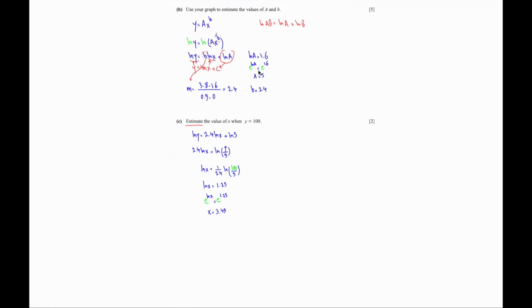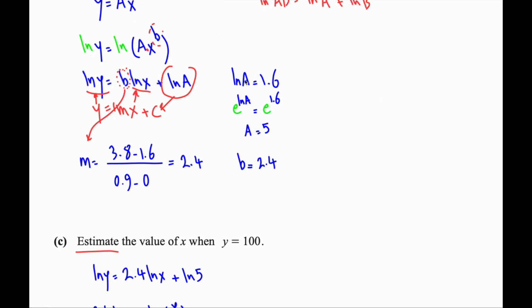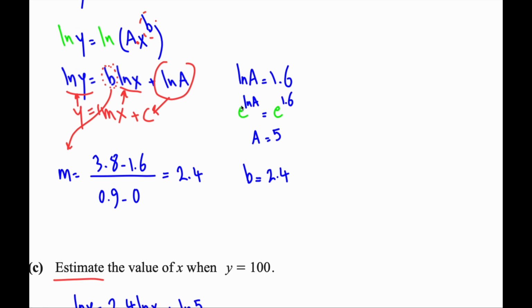Now, if you want to make A the subject of the equation, what you can do here is e to the power of ln A equals e to the power of 1.6. So the left hand side results in diminishing the ln, and I have A, and e to the power of 1.6 is basically 5. And these are the values for A and B.